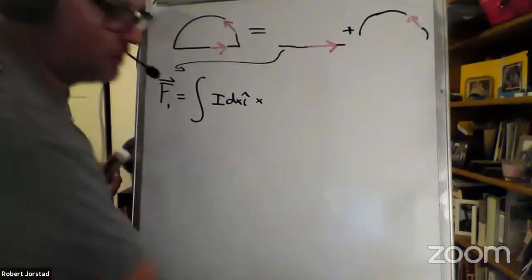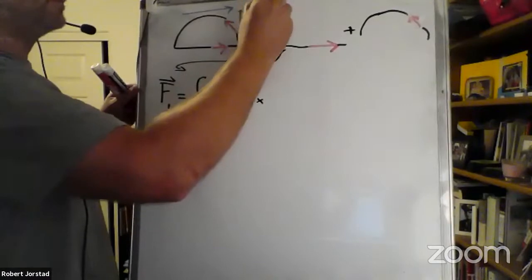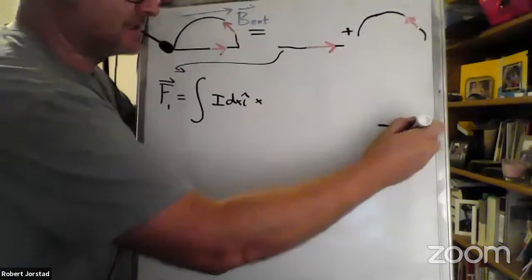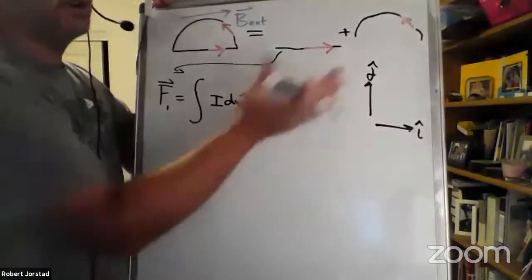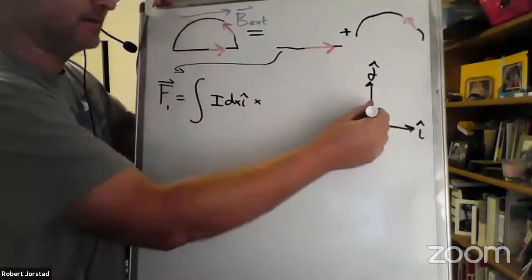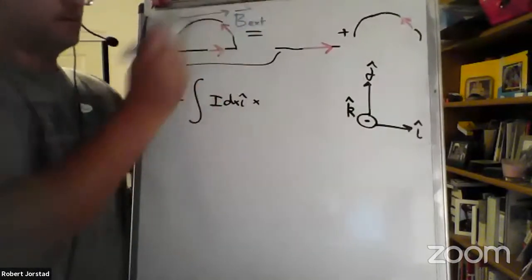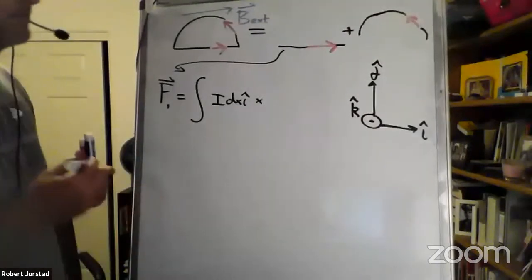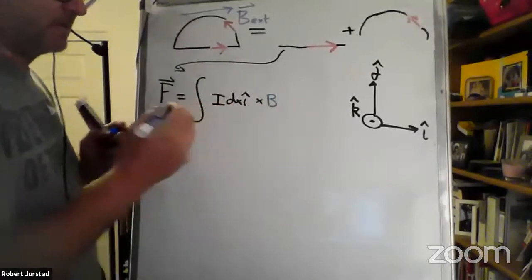We are told the B field is pointing this way. Furthermore, we are assuming this is I hat, this is J hat, which I goes to J goes to K, so that must be K hat. What is the external field in this case as a vector? The magnitude is B. What's the direction? I hat.